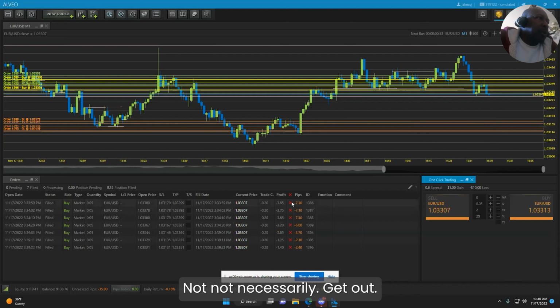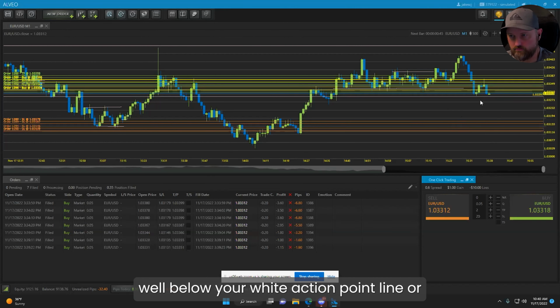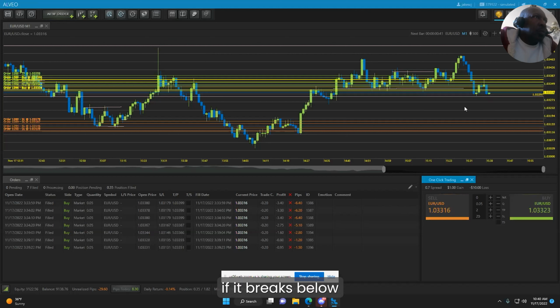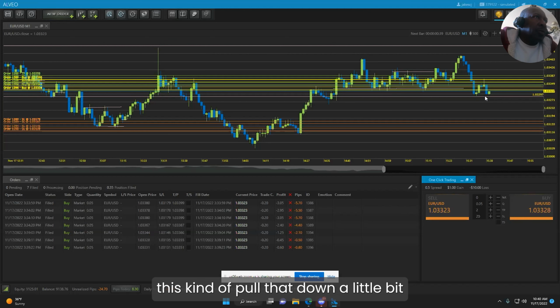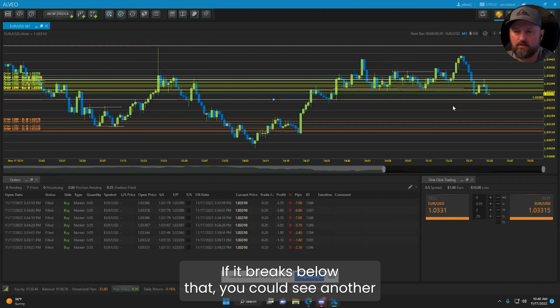Not necessarily get out, but if it does break below your white action point line, kind of pull that white line down underneath the body. If it breaks below that, you could see another run down, right?